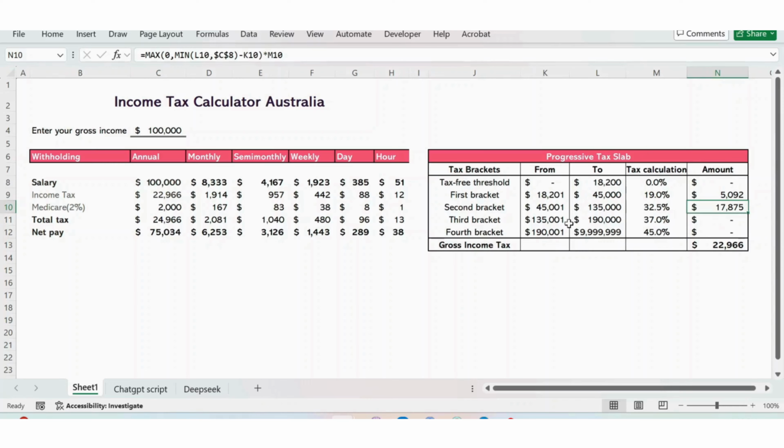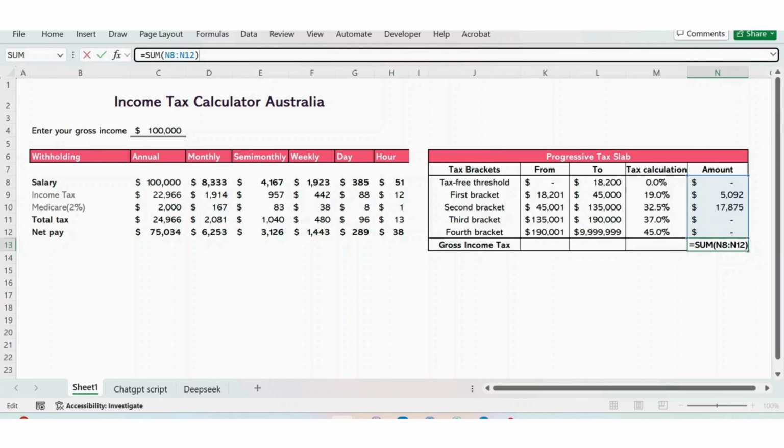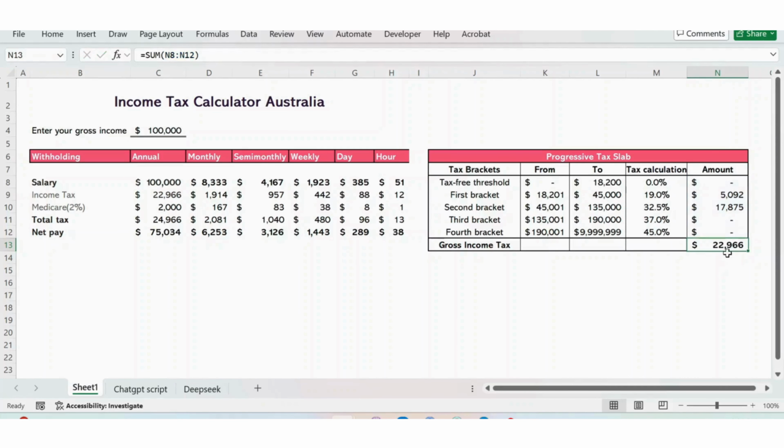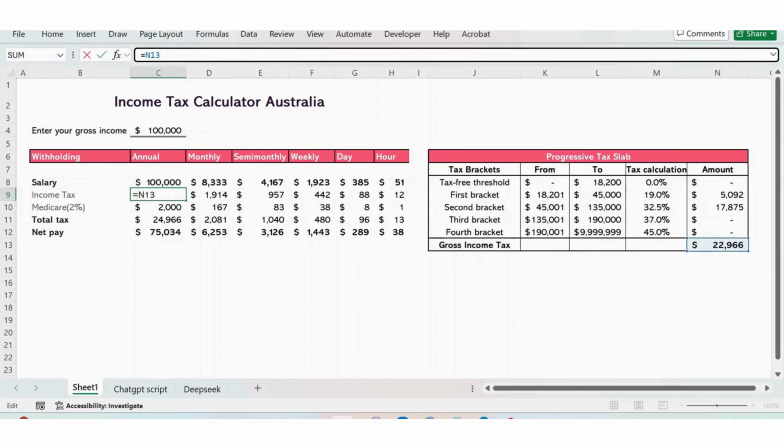Fourth slab doesn't apply here since we're under $135,000. Now, if we add those up, $0 plus $5,092 plus $17,874 equals $22,966. That's exactly what appears in cell C9, your annual income tax.